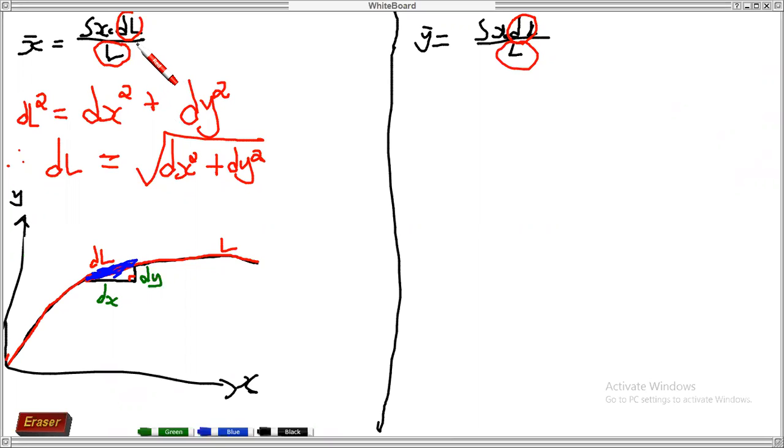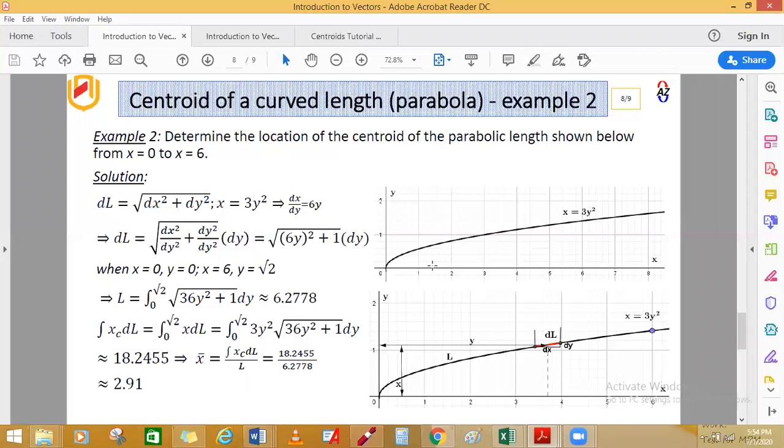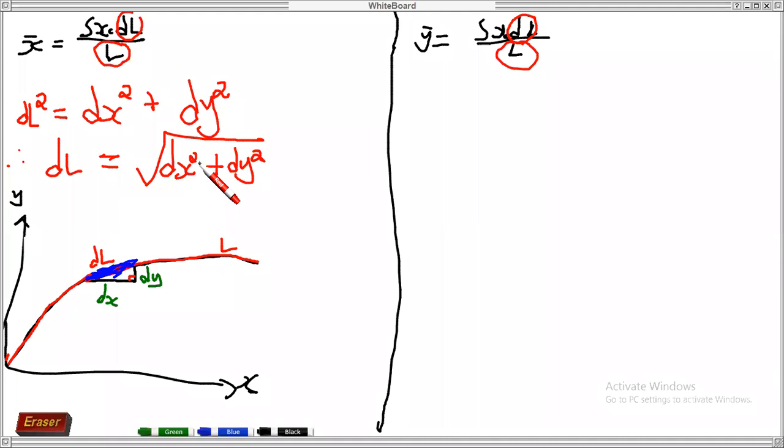But we still need to write it in terms of the equation given here, which is x equal to 3y squared. We need to write it in terms of this and not this. I'm going to remove this.